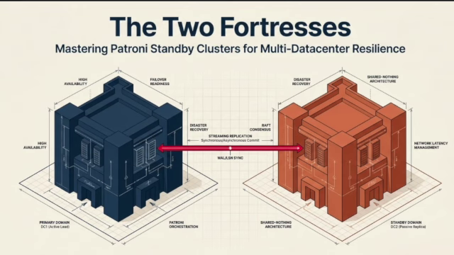Patroni uses exactly the standby cluster, which gives you a controlled disaster recovery site with continuous replication, holds its own leader election, and a clean path to promotion when it is needed most.